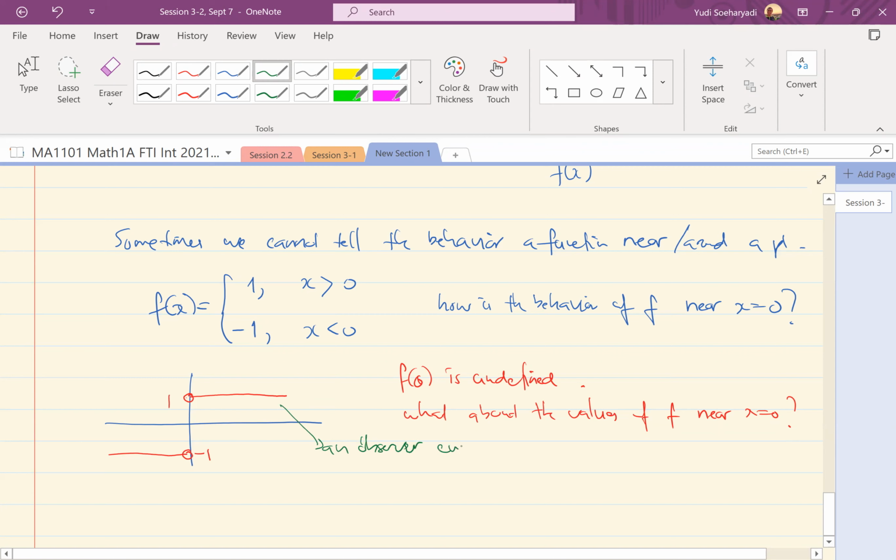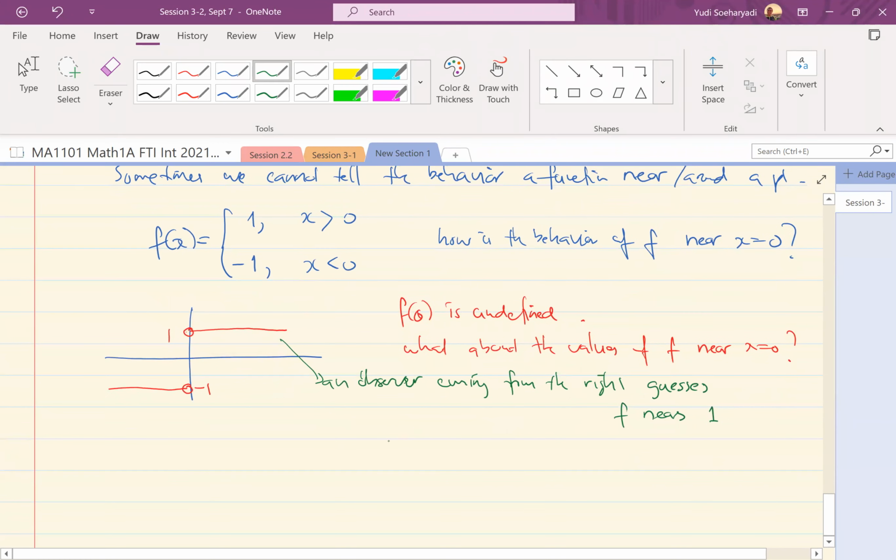We're coming from the right. Guesses that the values of f nears 1. But coming from the left, guess that's the -1. So that's something that you cannot resolve.